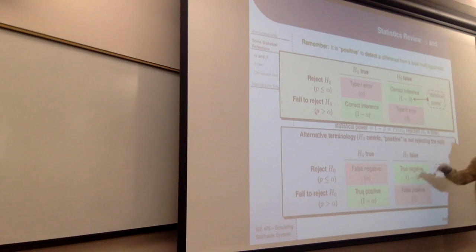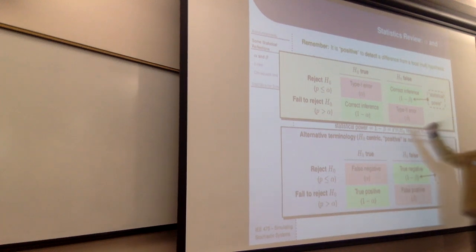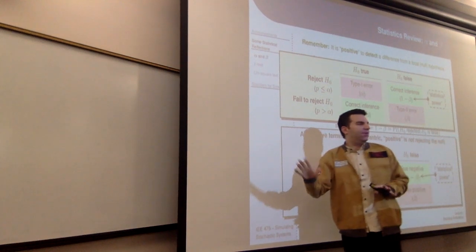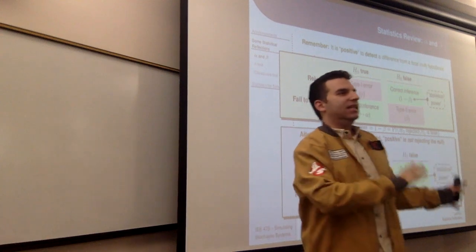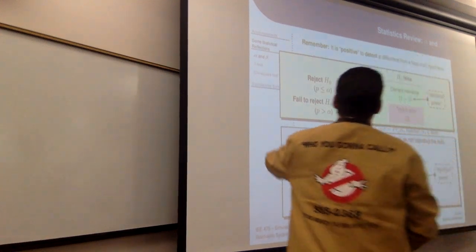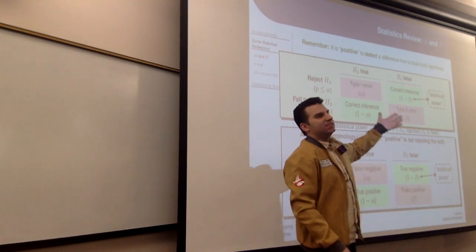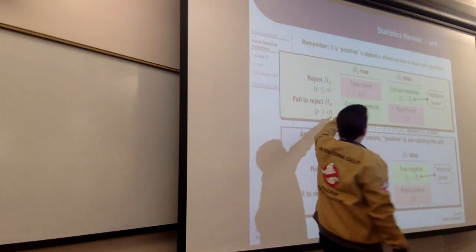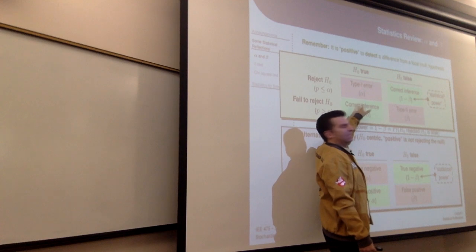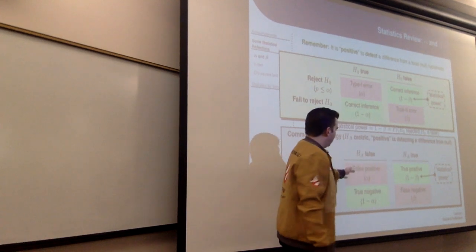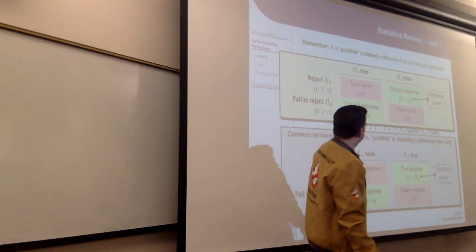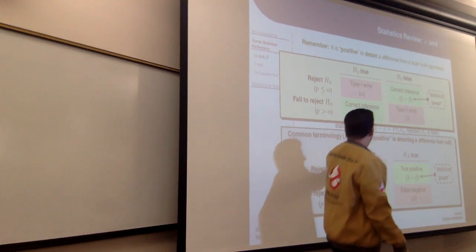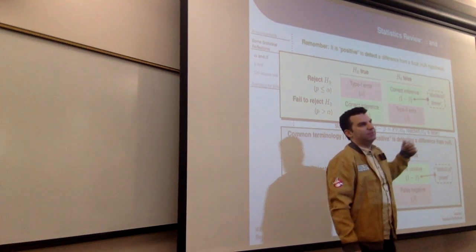So I will try to be unambiguous whenever I refer to these things, but in most of the lecture slides, personally, I like alpha and beta, but the downside is that when you're learning this stuff, it's really hard to say, well, what is alpha again? So I like the terms false positive, true positive, true negative and false negative, where positive is a difference from the null.